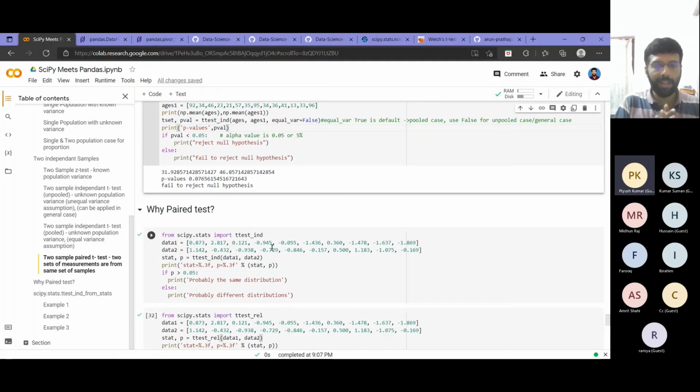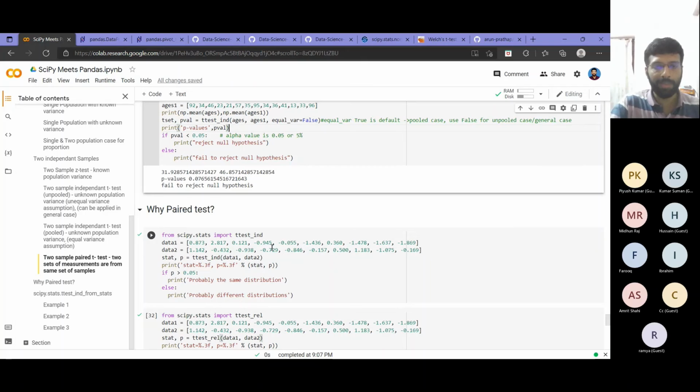In situations like this, we will go for what is called a paired t-test. We have a set of measurements corresponding to the same samples from the same population, like in this case, blood pressure before and after giving a medicine. What we will do is subtract one measurement from the other, find all the difference values, and then use that difference for my single sample t-test.